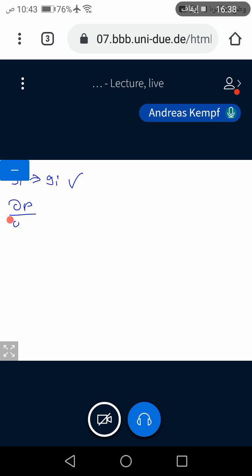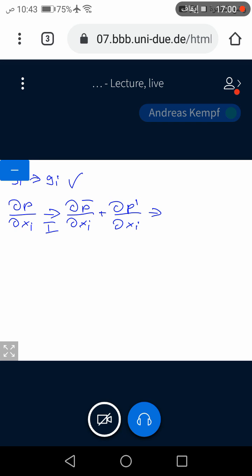Del P, del Xi. In the first step, we decompose it. We get del P bar, del Xi, plus del P prime, del Xi. We average it. We end up with del P bar bar, del Xi, plus del P prime bar, del Xi.